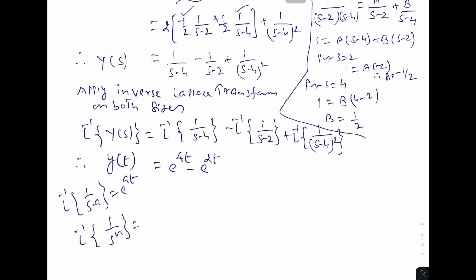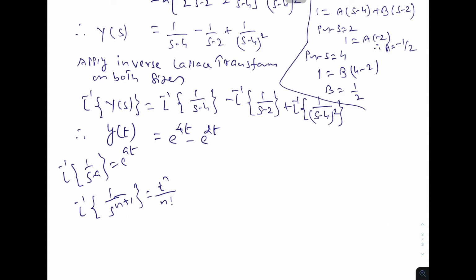And now we know the inverse Laplace transform of 1 over s power n plus 1 is equal to t to the power n over n factorial, if n is a natural number. And so by applying the first shifting theorem, 1 over s minus a power n plus 1 gives e power at t power n over n factorial.